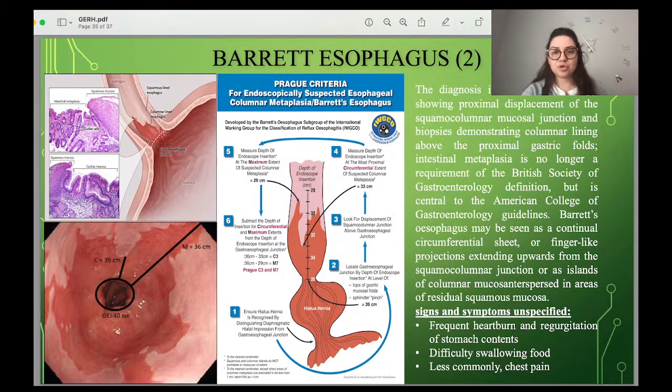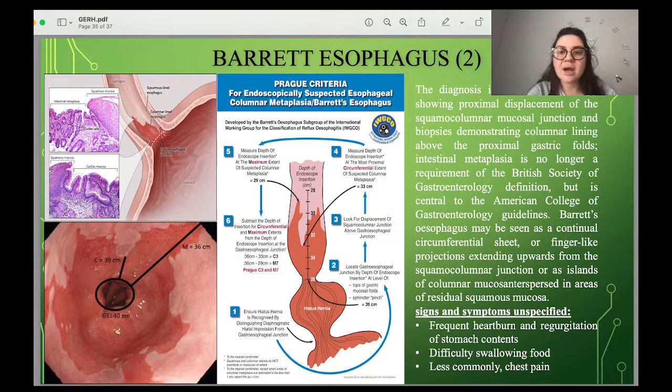Barrett's esophagus may be seen as a continual circumferential sheet or finger-like projections extending upwards from the squamo-columnar junction, or as islands of columnar mucosa interspersed in areas of residual squamous mucosa.